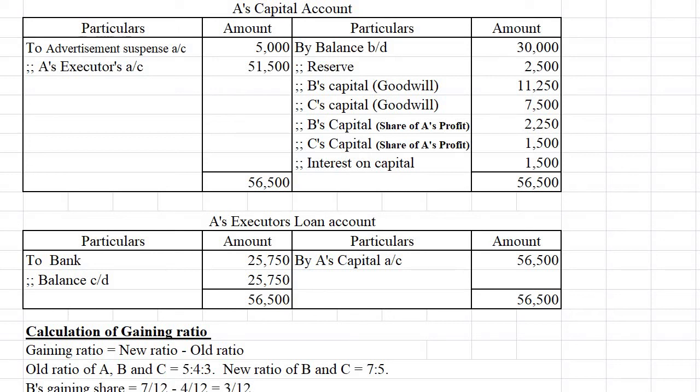That means in their gaining share. That is the main adjustment here. I think all of you understood this. You can find similar problems in the reference book and solve it. Okay, thank you.